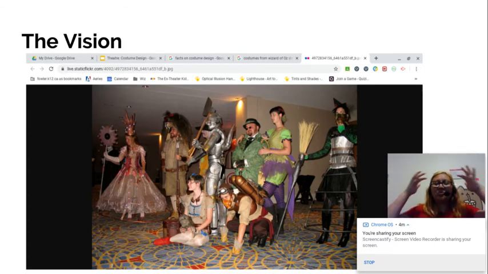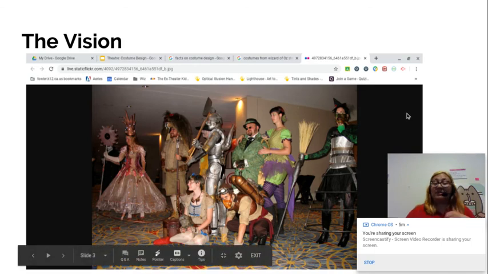Now you're wondering, what kind of costume design was this? This was actually a steampunk version of the Wizard of Oz. And when I say steampunk version, I don't mean that they made the play entirely different. I mean that it's just a steampunk version of it based on the costumes that they are wearing.